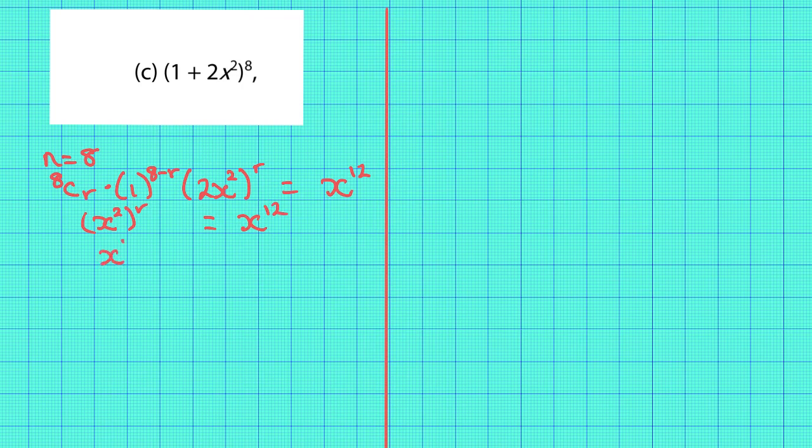So x to the 2r equals x to the power of 12, so r is equal to 6.